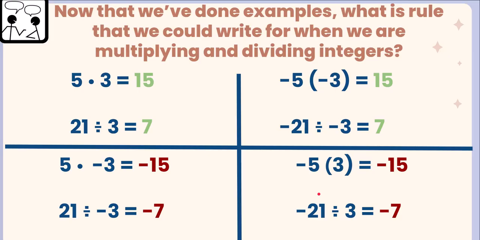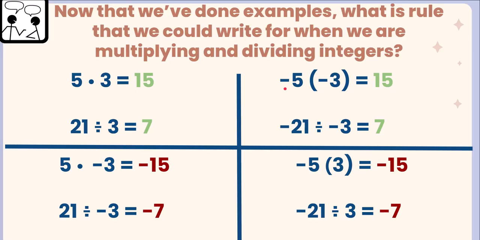Now that we've done the examples, what's the rule that we could write for when we are multiplying and dividing integers? How do we know what the sign of the product or the quotient is going to be? Because the rules are the same. A positive 5 times 3 is going to be positive. You should know that because that's what you learned in elementary school.